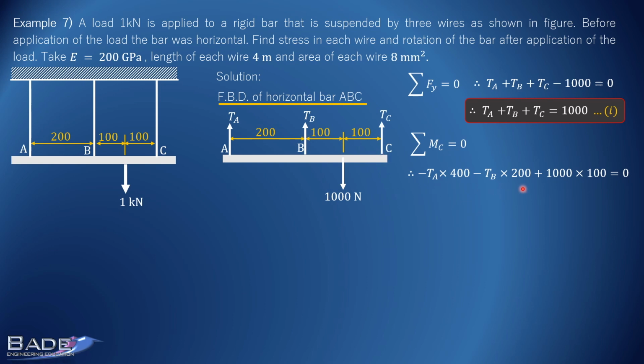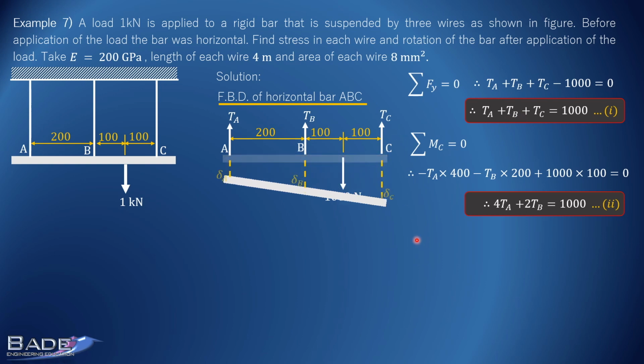So TB into 200 clockwise and 1000 into 100 anti-clockwise, and this is how we got the second equation, 4TA plus 2TB equal to 1000. Okay. So by applying conditions of equilibrium, we could create two equations, and these two equations are not enough to find tension in these wires. So how to proceed? Relation between deformation.